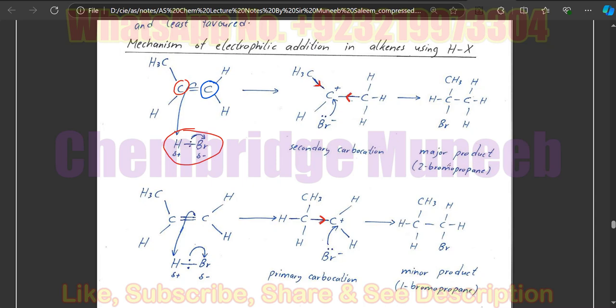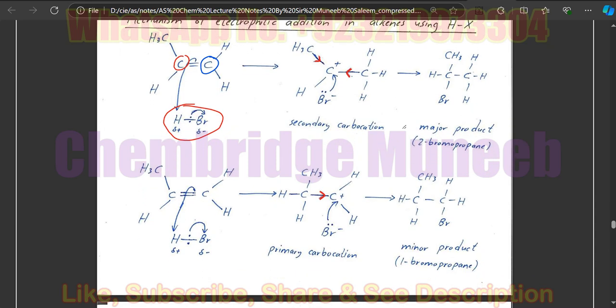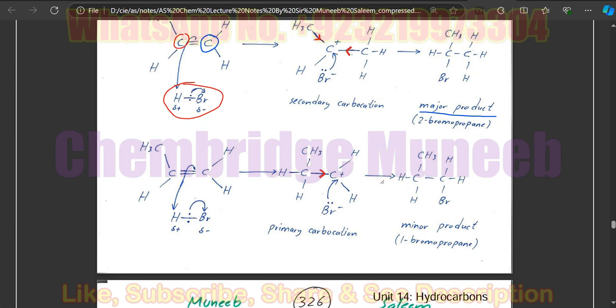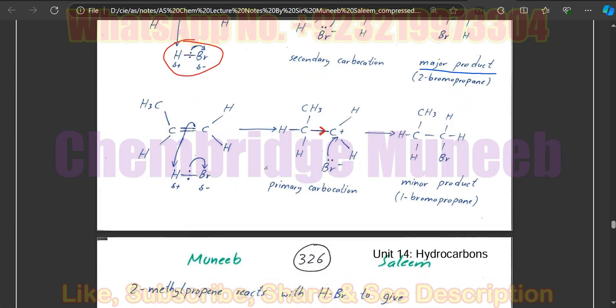The formation of the secondary carbocation will give the major product, and when bromine is bonded on the other carbon atom, it will lead to the formation of a primary carbocation, which is a minor product.